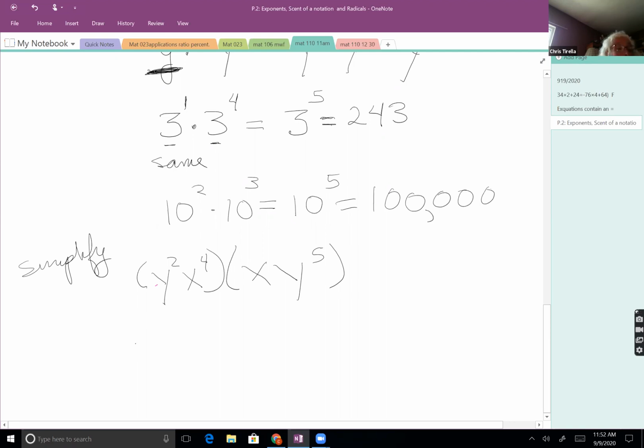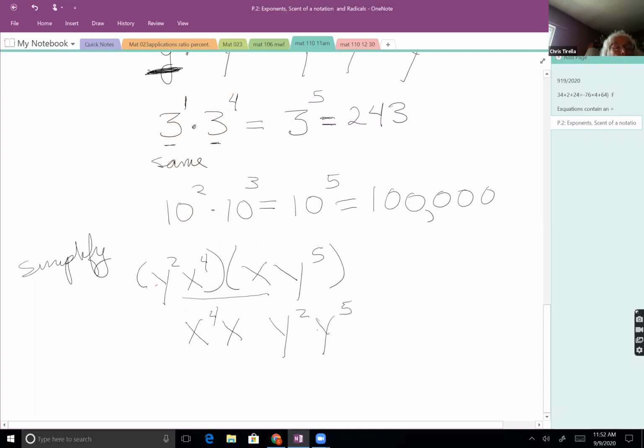And when it's all multiplication, because of my associative and commutative rules, I can regroup. So the x's have a like base, I can multiply them, x to the fourth times x. The y's have the same base, I can multiply them, y to the second times y to the fifth.